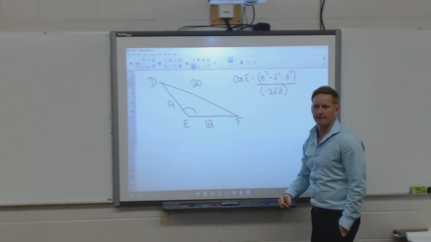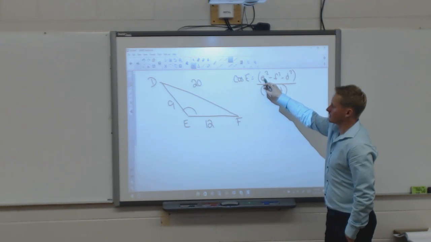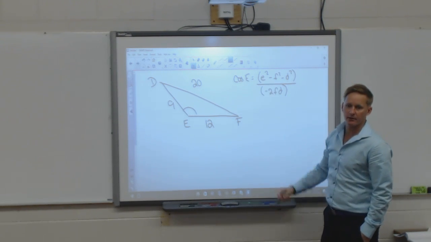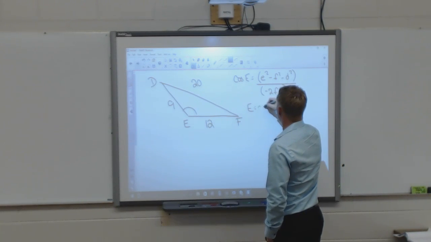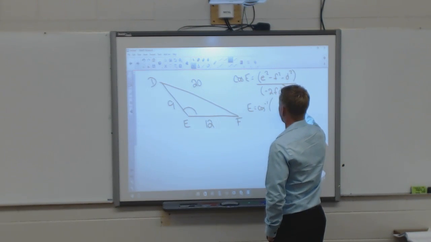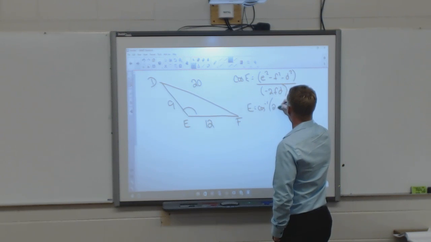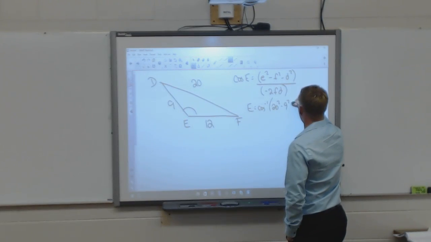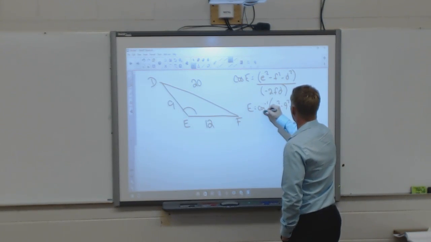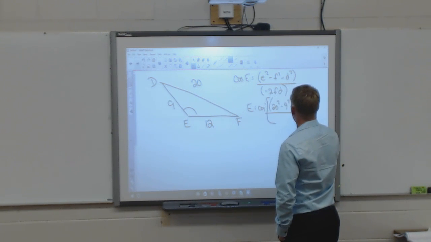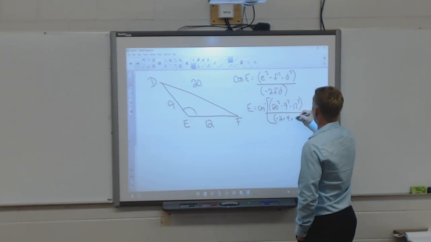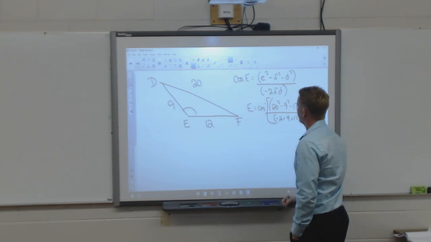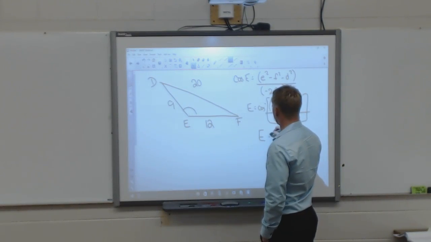This angle and this side always have to be across from each other. So E is equal to cos inverse of 20 squared minus 9 squared minus 12 squared, in a big bracket, over minus 2 times 9 times 12, big bracket. Find out what E is equal to, please.